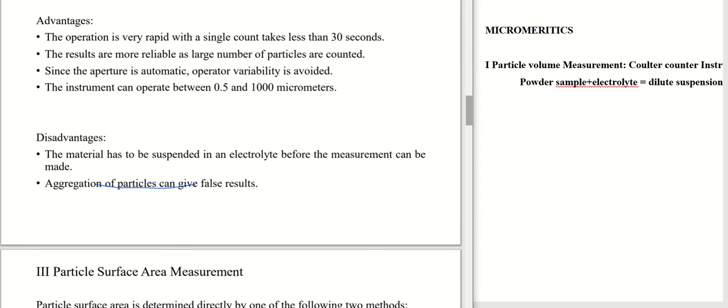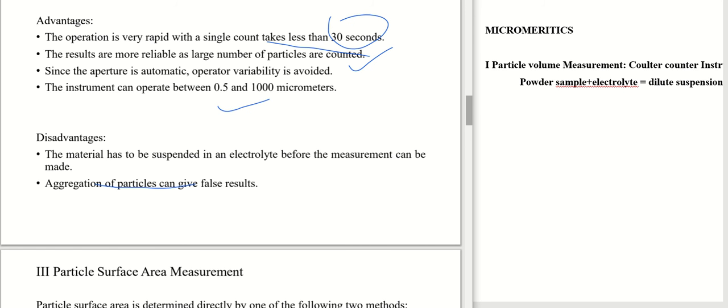Now, the most advantageous thing about this method is this instrument can be operated in a size range of 0.5 to 1000 micrometers, and a large number of particles can be counted in less time because each single count takes less than 30 seconds.